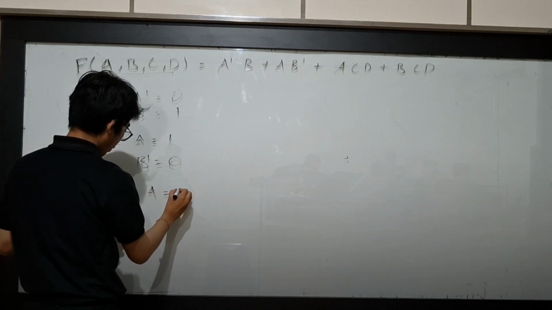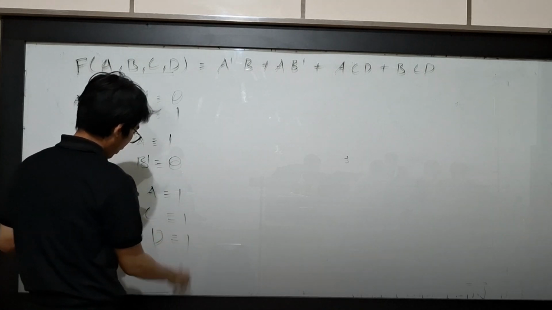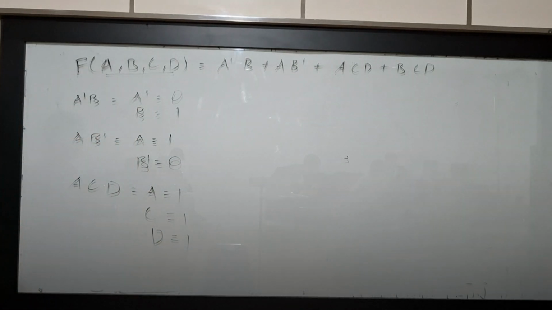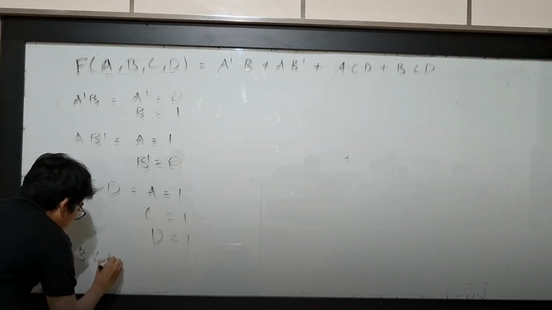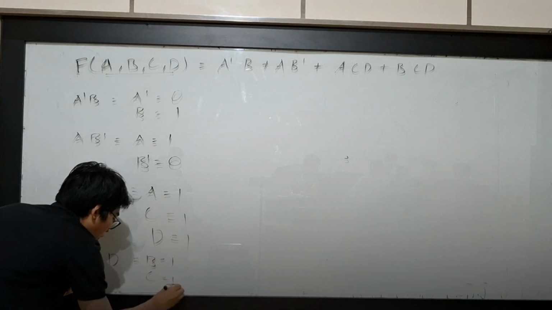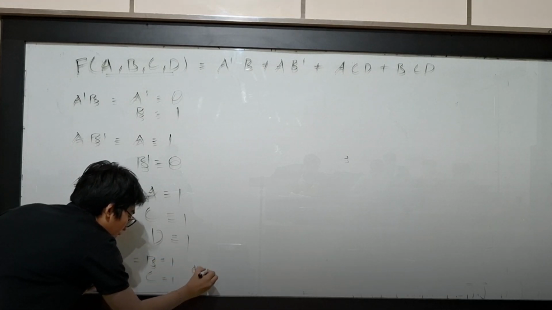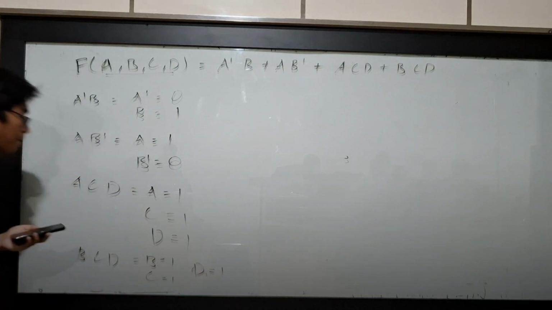So A is 1, C is 1, and D is 1. And then the last expression is B C D. B is 1, C is 1, and D is 1.